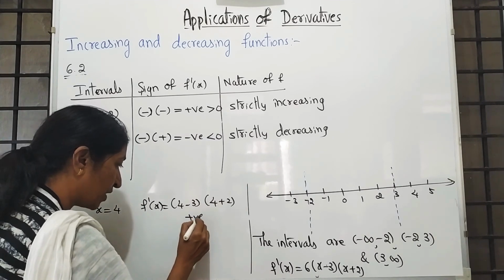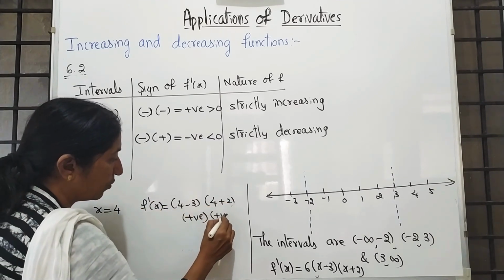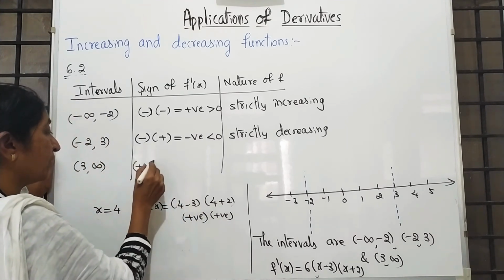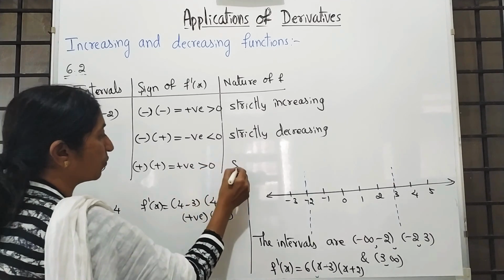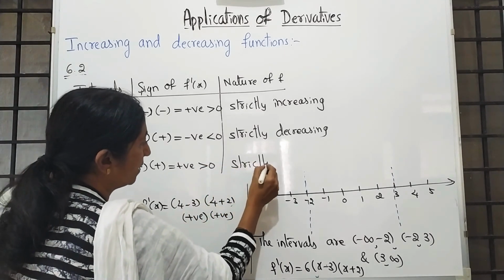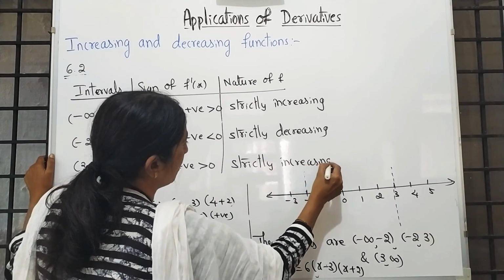This is positive because 4 minus 3 is 1, and 4 plus 2 is also positive. Positive into positive is positive. It is greater than 0. So, strictly increasing because the first derivative is greater than 0.